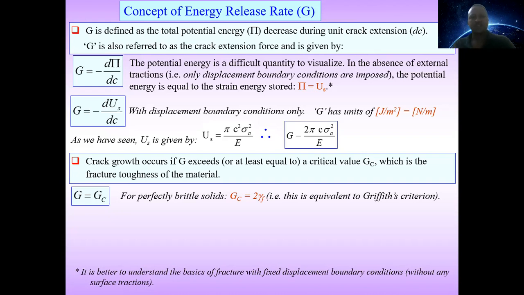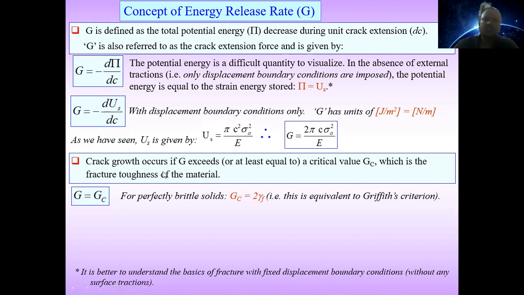So as we have seen, US is given by US is equal to π c square sigma square over E. Therefore, G is equal to 2π c sigma square over E, integrating this U with dc.